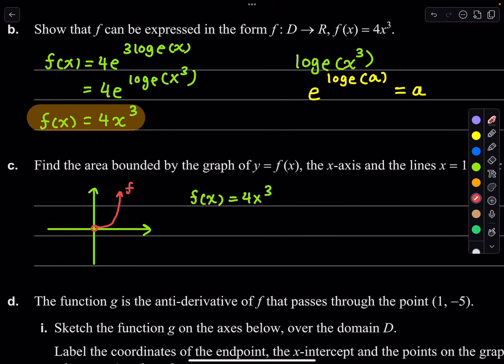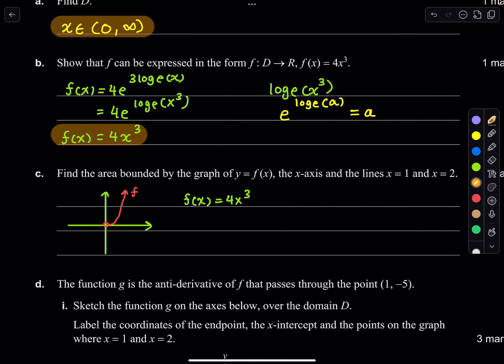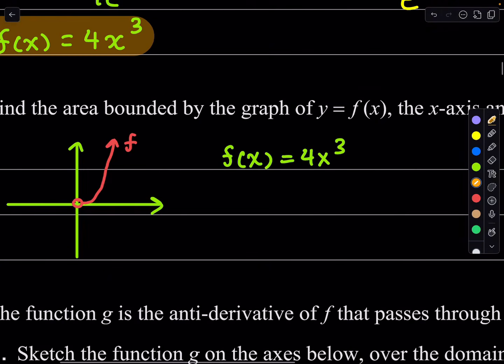So that's your f. And basically we're saying, hey, we want to find out, let me draw it nicely, actually. Let's say something like that. For example, let's say this here is 1. It says find the area bounded by the graph of f, the x-axis and the lines x equals 1 and x equals 2. Imagine that's x equals 1 here. So imagine this is the line. Let's just draw a straight line here. That's x equals 1.